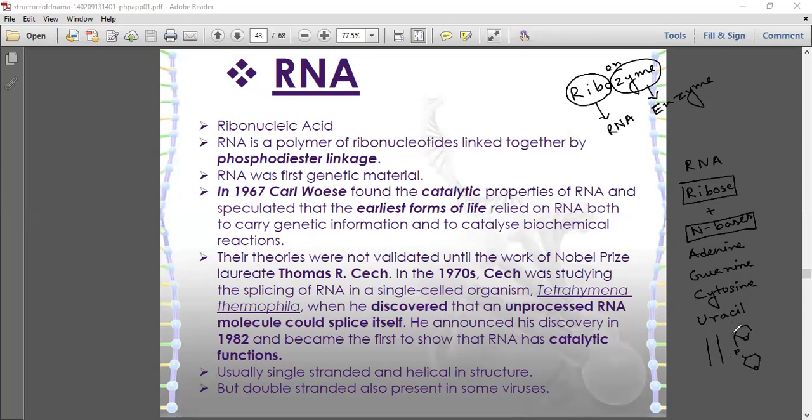And the same 5' and 3' positions. Okay, and at the first carbon there will be the presence of nitrogenous bases. The rest of the structure is similar, the bonding type is similar, the only differences are the pentose sugar, the nitrogenous bases and the single stranded nature of the RNA.